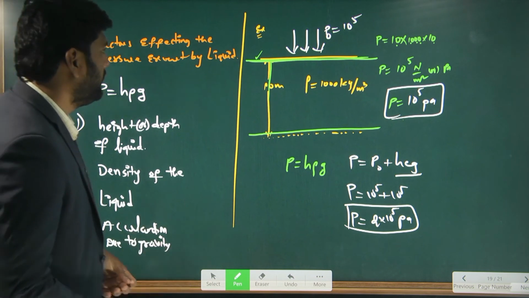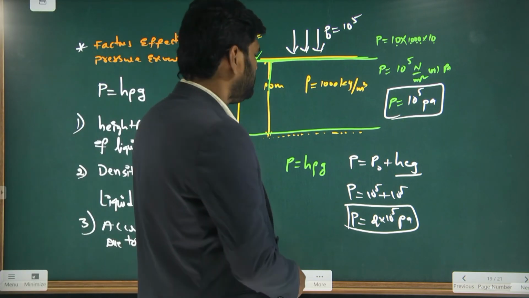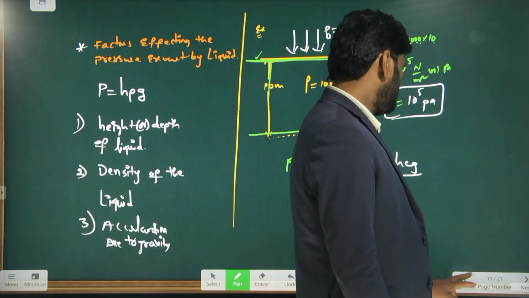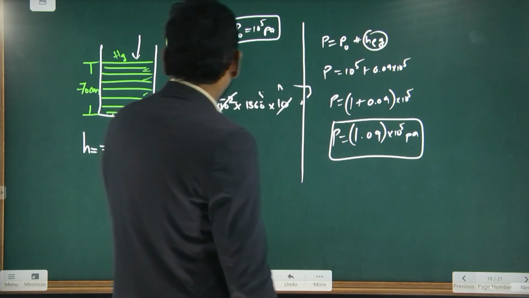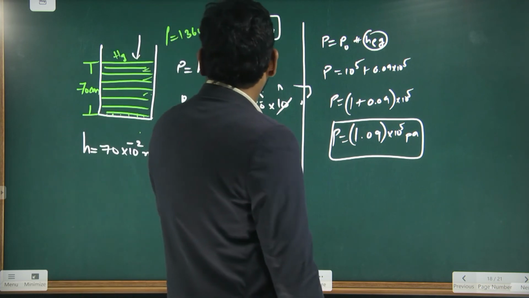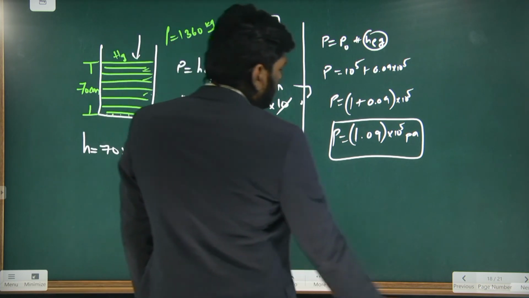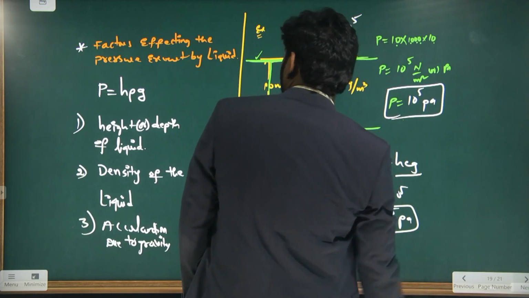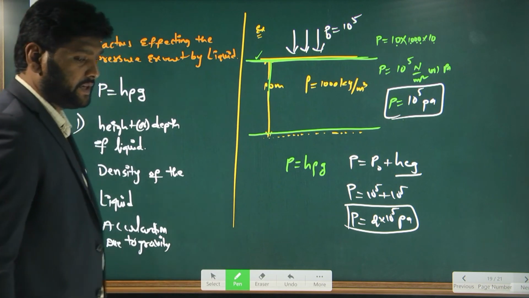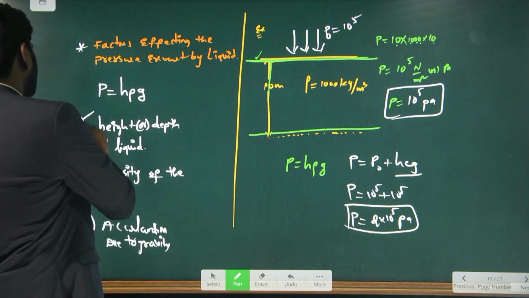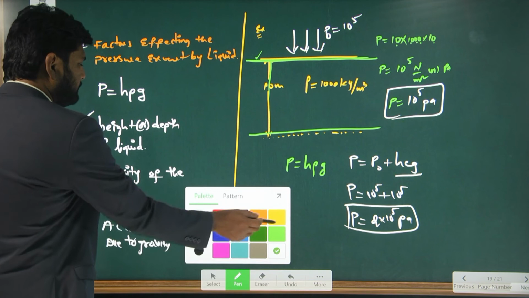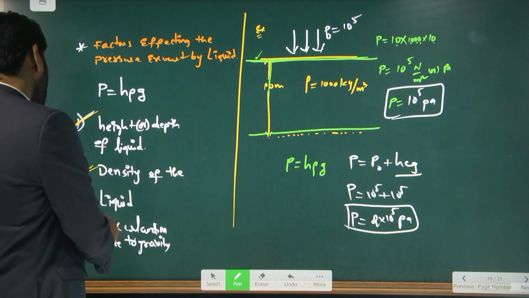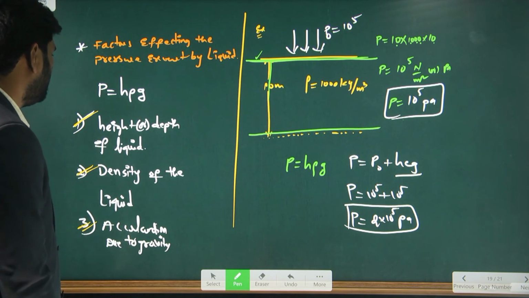Understand? Now one more. As you see, what are the factors affecting the pressure? Pressure is affected by the height, density of the liquid and acceleration due to gravity.